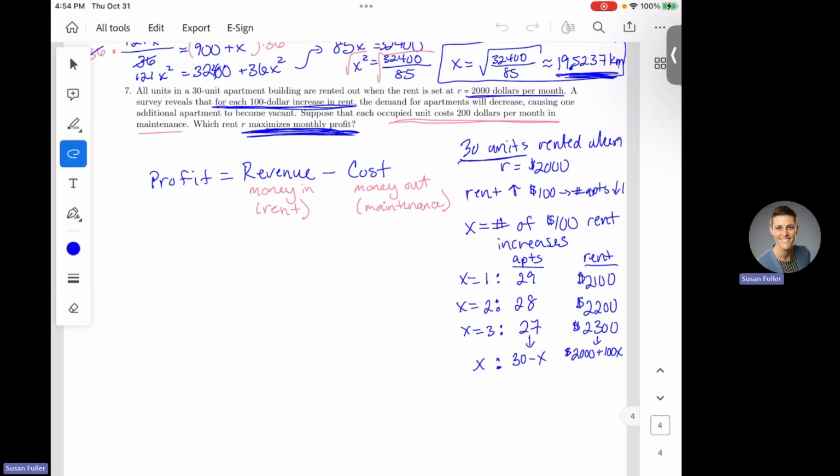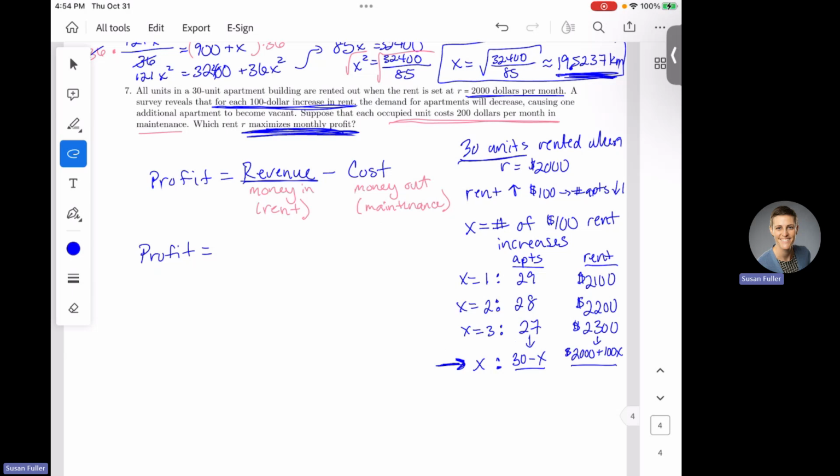Okay, so with that in mind, let's try to figure out how to turn all of this into revenue and cost, which will then give us profit. All right, revenue is the money coming in from rent. So if I make X increases in my rent, this is the number of apartments that I have, and this is the rent that they're paying every month. So how much revenue, how much money's coming in?